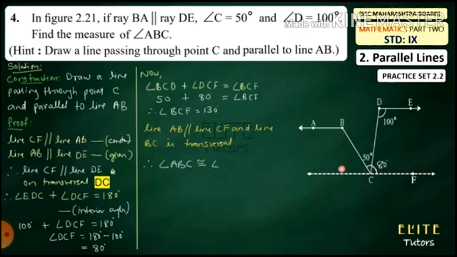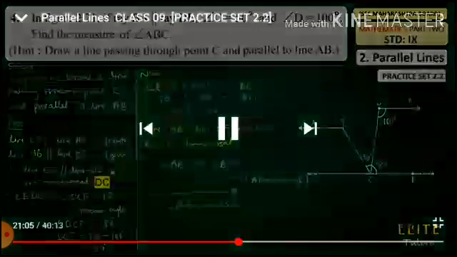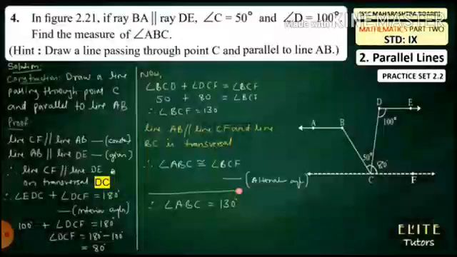If the angles are congruent, then they are also equal, so angle BCF is 130 degrees. Alternate angle test we have written as a reason. So therefore, if angle ABC and BCF are equal and BCF is 130, ABC is also 130 degrees. Here our solution has completed.